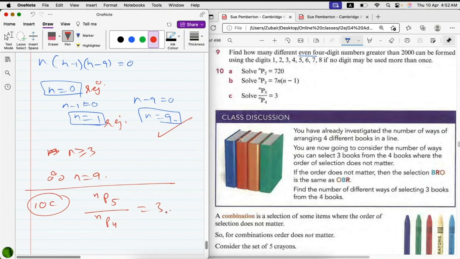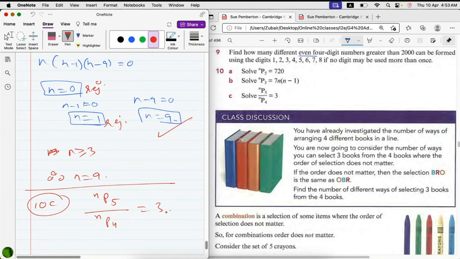What is the first value you'll try? Smallest first value of n. What could that be? Smallest first value, I could maybe try 7.